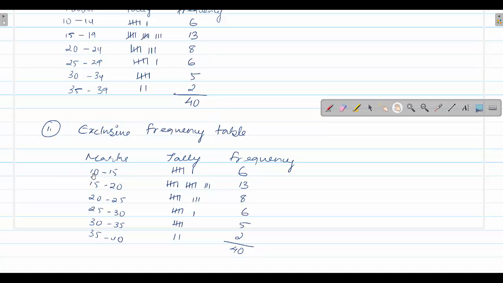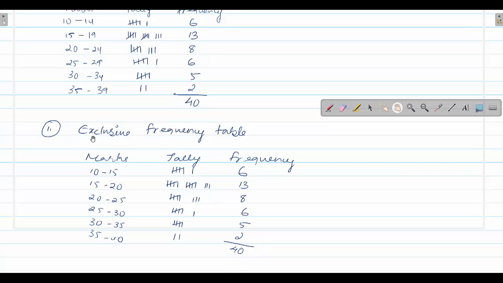Then you can say 10 to 15, 15 to 20, 20 to 25, 25 to 30, 30 to 35, 35 to 40. This way you can do it. Now the frequency will be the same, because even though it is exclusive, we are just going to count till 14 only, right? 10 to 14, and from here 15 to 19. So this value would be the same.